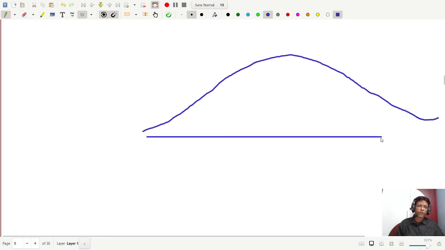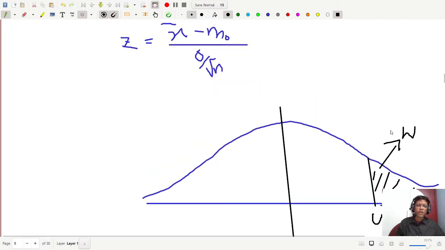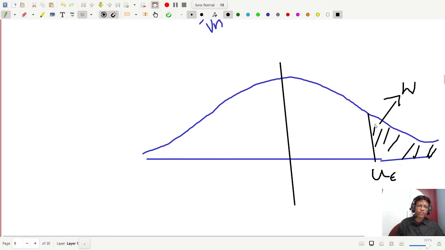Okay. So suppose this is your, I will explain this part. This is some value u epsilon, and this is your W. Suppose this is your region of W. This is your critical region, and this will be your acceptance region.